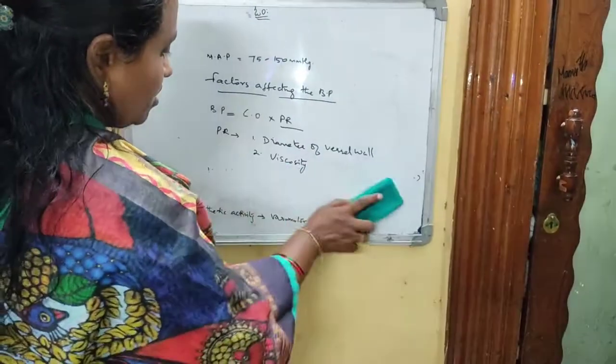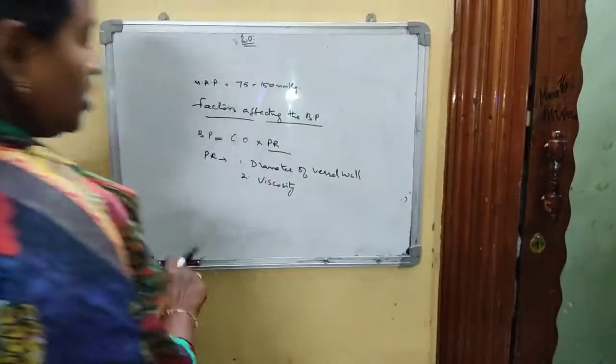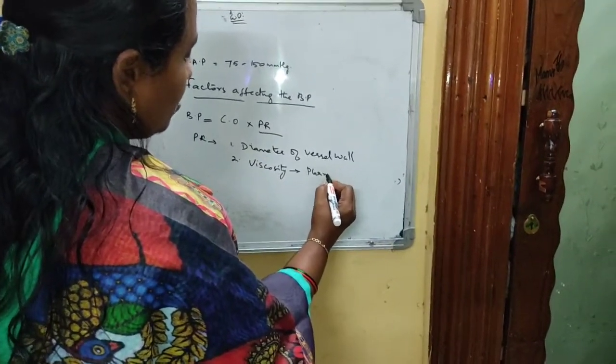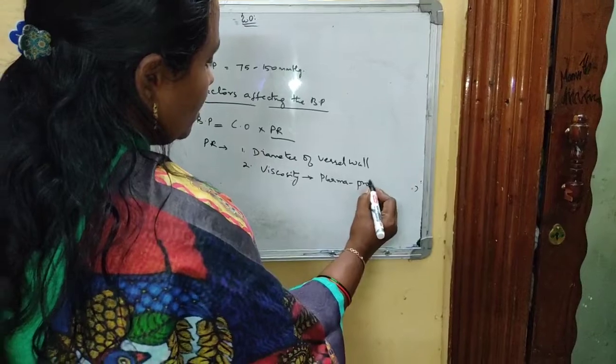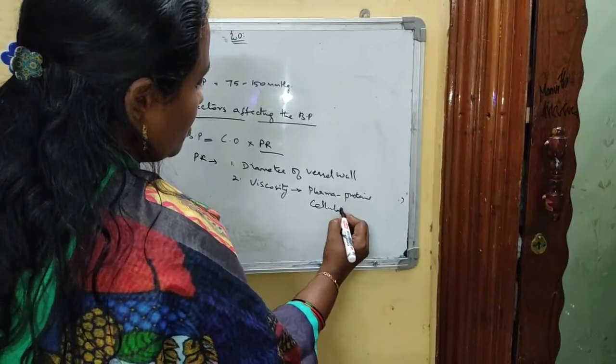Next, viscosity. Viscosity of the blood is determined mainly by the components of the plasma, like the plasma proteins, and the cellular components.